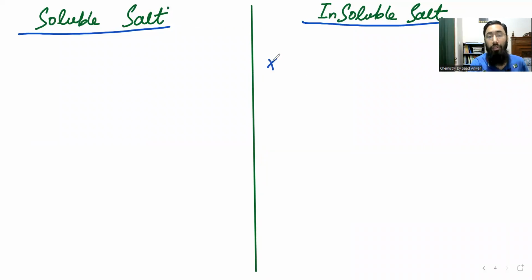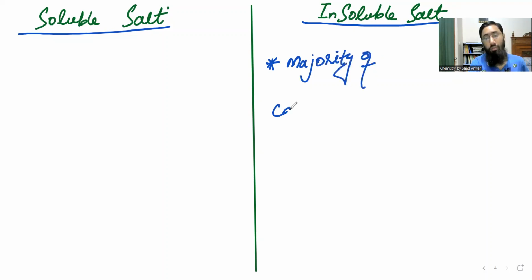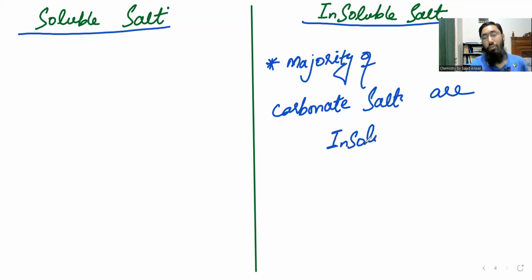Remember guys, the majority of carbonate salts are insoluble except a few. And I am going to write here in this column the names of those carbonate salts that are soluble.